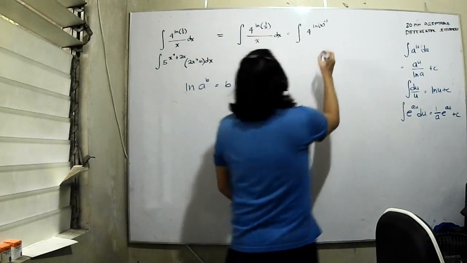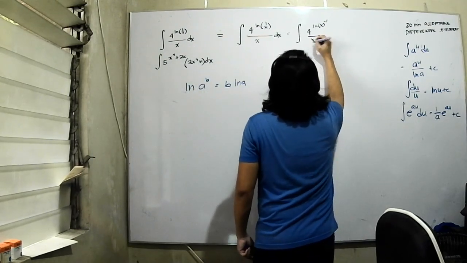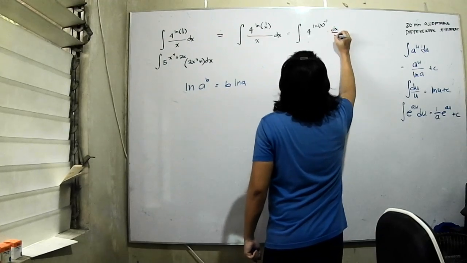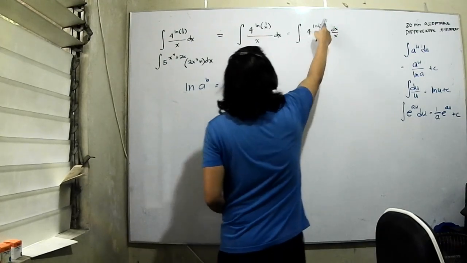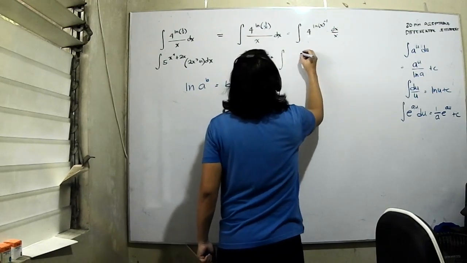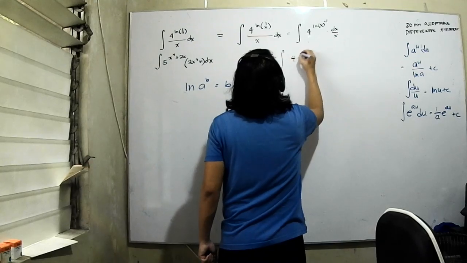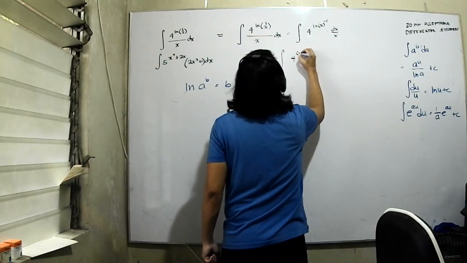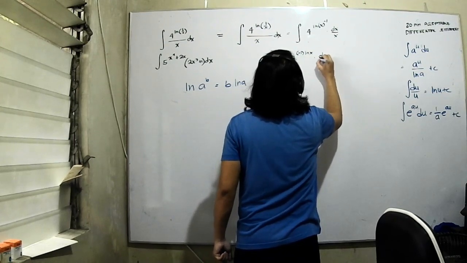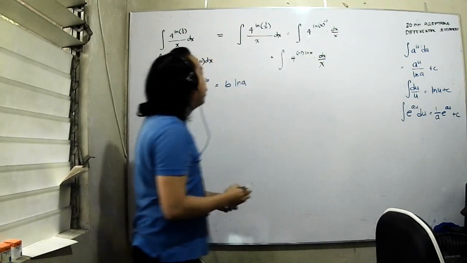It is just a division, so I multiply it, then here dx over x. So the negative 1 I will move down. So 4 raised to the power of negative 1 times ln x times dx over x. Oh, I have not done anything wrong here.